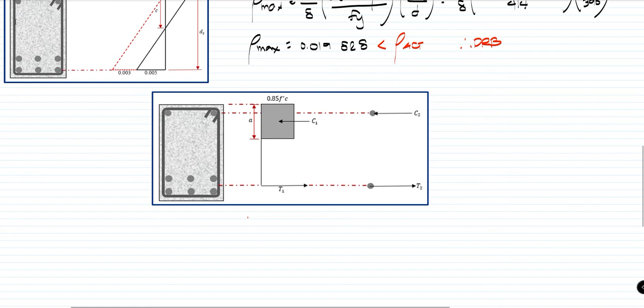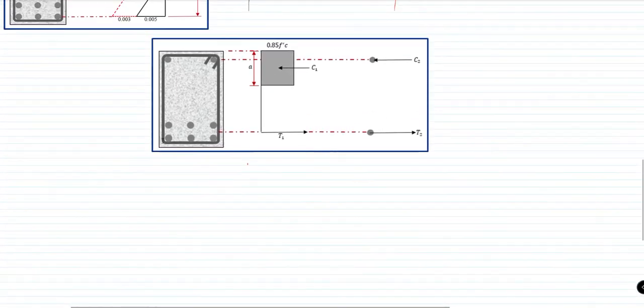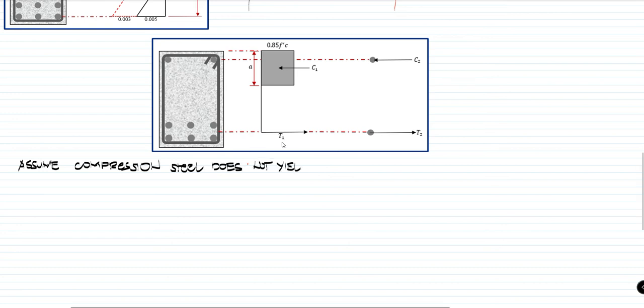From this one, since it is doubly reinforced, we have to assume the yielding of the bars. For this example, we first try to assume that the compression still does not yield, and our tension still yields.